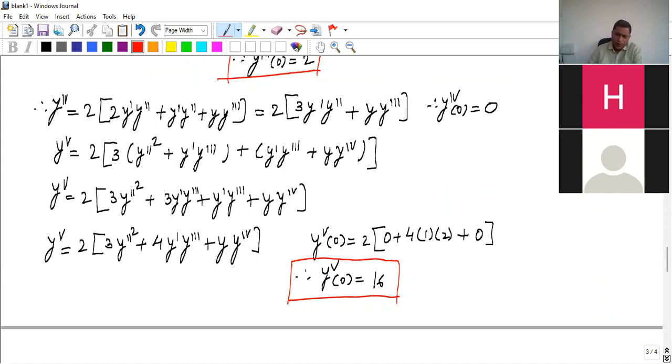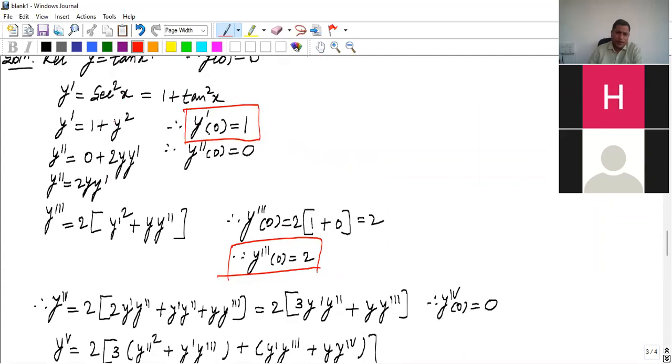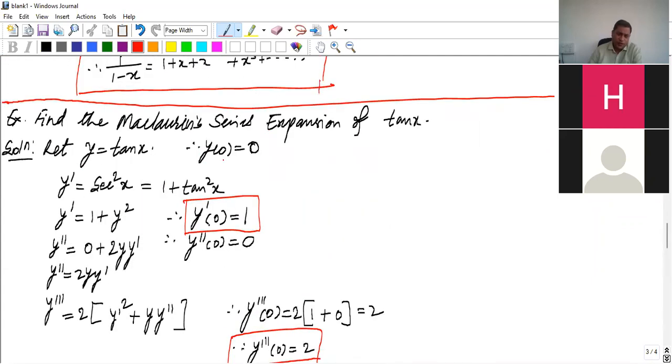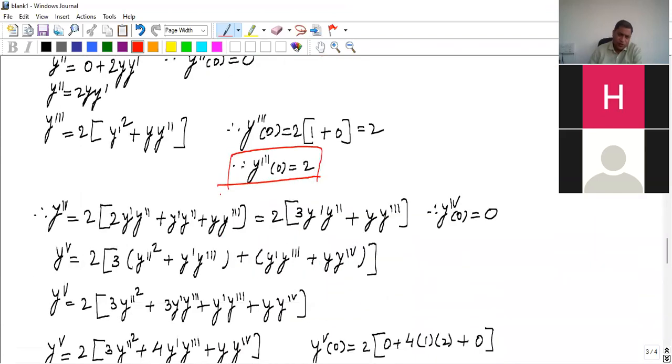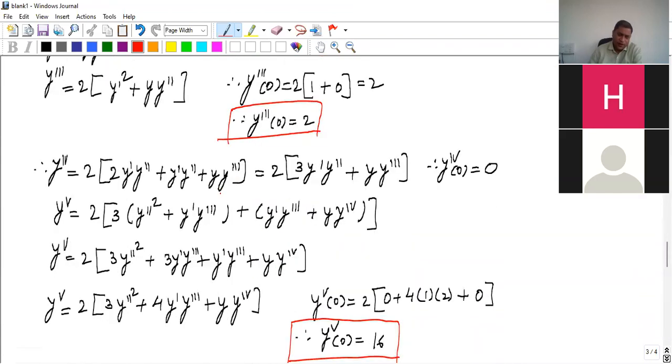Now you see what pattern you can observe. y at 0 is 0, y1 is non-zero, y2 is 0, y3 is non-zero, y4 is 0, and y5 is non-zero. So if I want to calculate the next term, y6 is going to be 0, but y7 will exist.